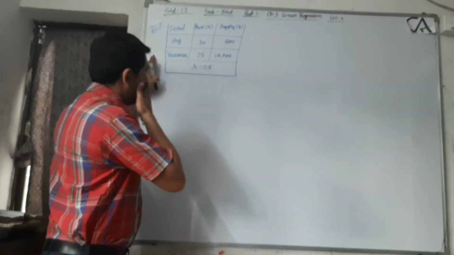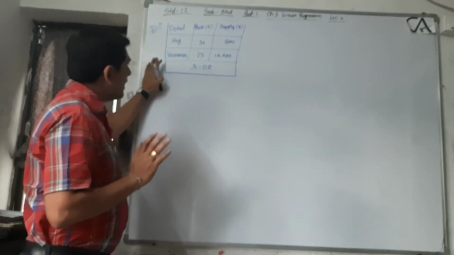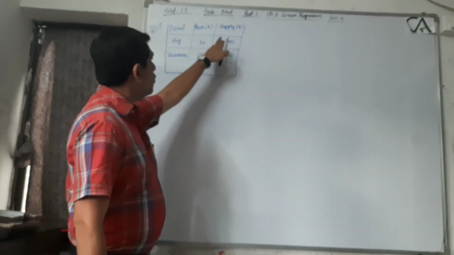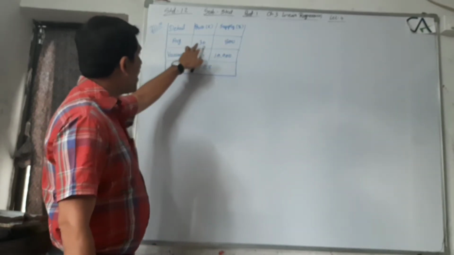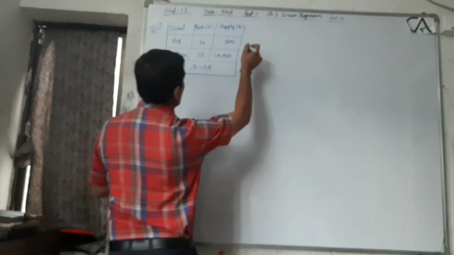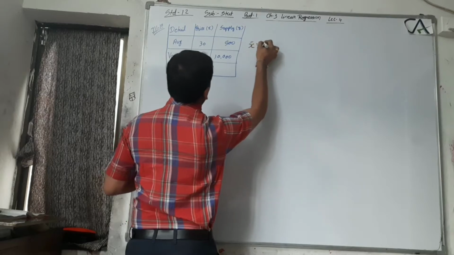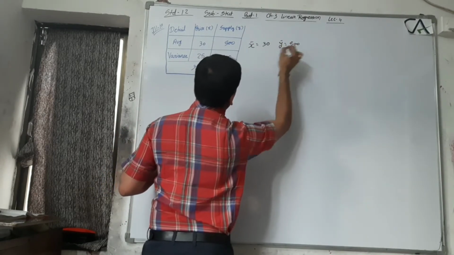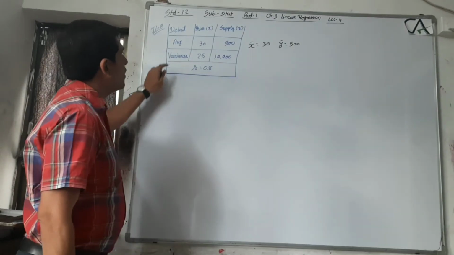The question is given like this: price, that is X, supply, that is Y. Now the average of X and Y, that is your X bar and Y bar, is 30 and 500.